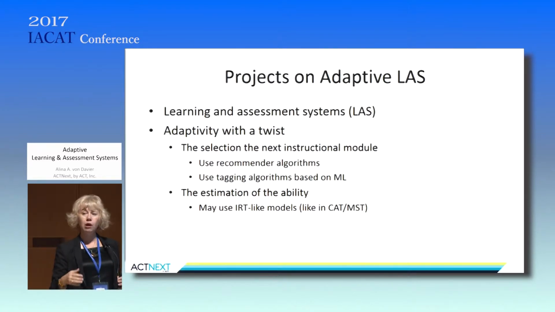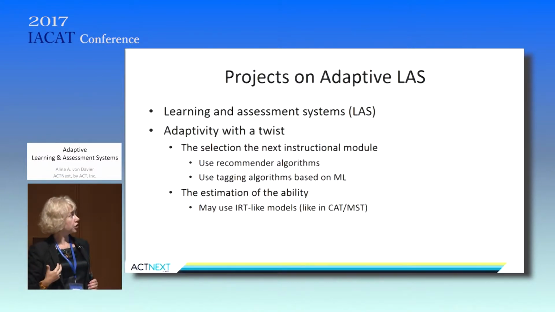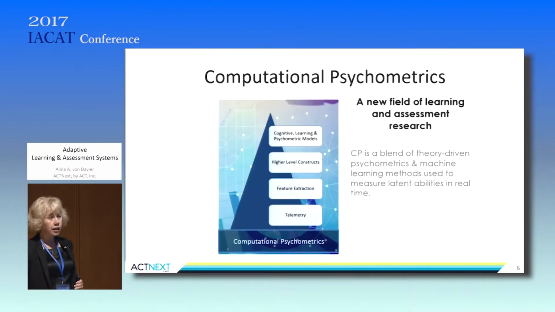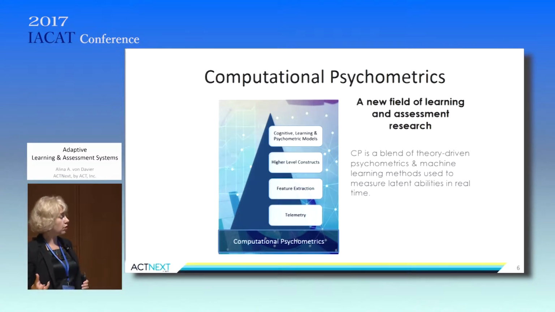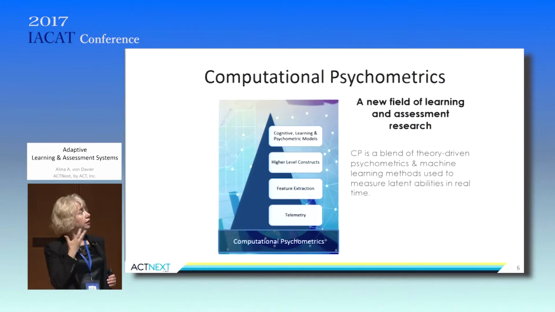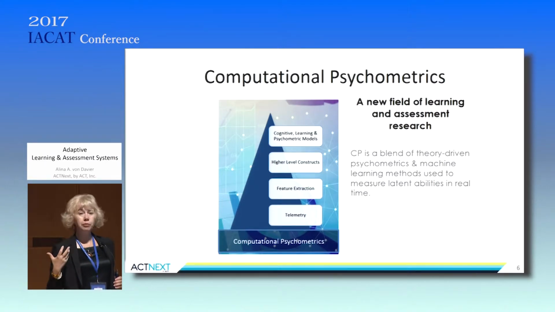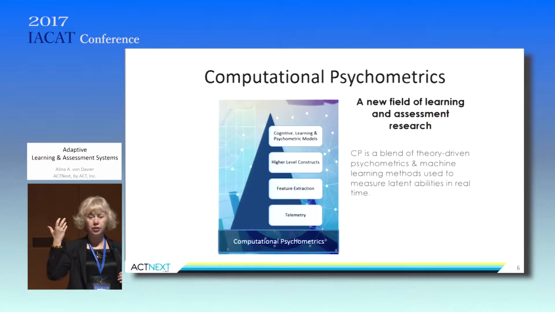So one is, how do we adapt? What algorithm are we going to use to select the next instructional module? And the other question is, how are we going to estimate the ability? The framework in which we think about this at ACT Next is computational psychometrics. In this particular case, what that means is that we are bringing together the conceptual frameworks and the cognitive models from psychology.